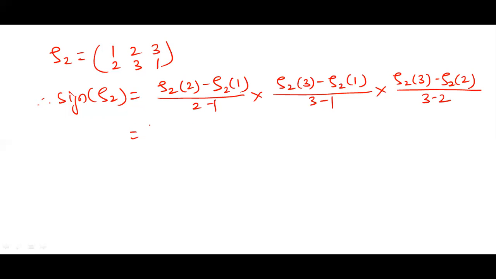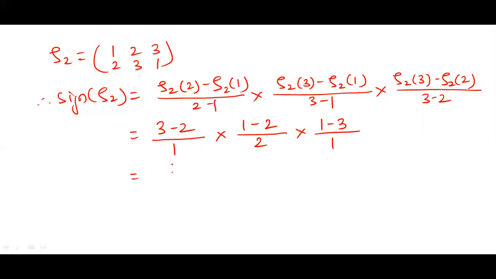Okay. Rho 2 of 2 is 3, rho 2 of 1 is 2 divided by 2 minus 1, 2 minus 1 is 1. Rho 2 of 3 is 1 minus rho 2 of 1 is 2 divided by 2. Rho 2 of 3 is 1 minus rho 2 of 2 is 3 divided by 1.